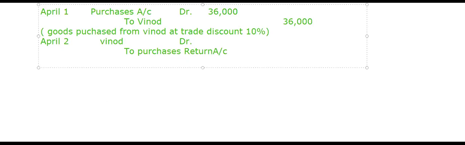Somehow the question arises related to the calculation of the amount for purchase return. Now we have to calculate the purchases return, and how the amount is to be calculated. It is 1,000, but 1,000 is the list price. Now please make sure of one thing here.